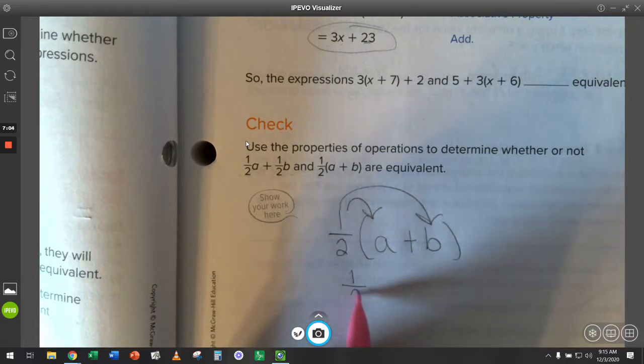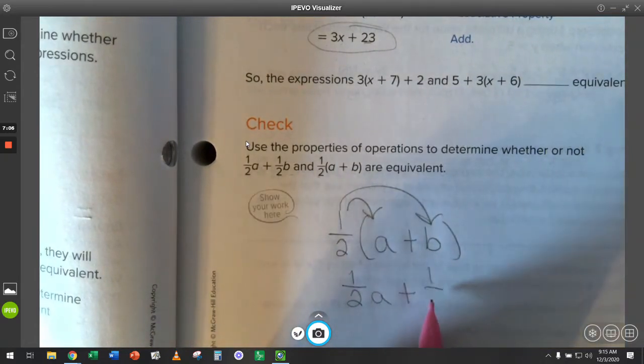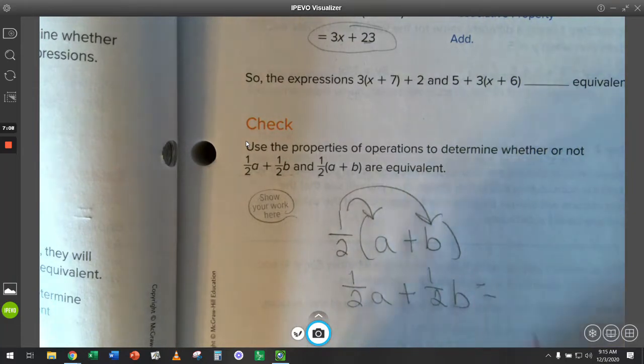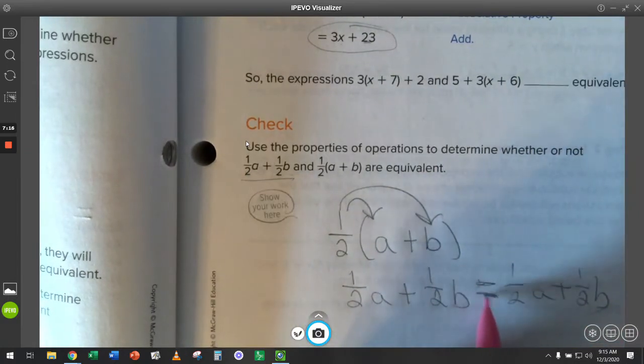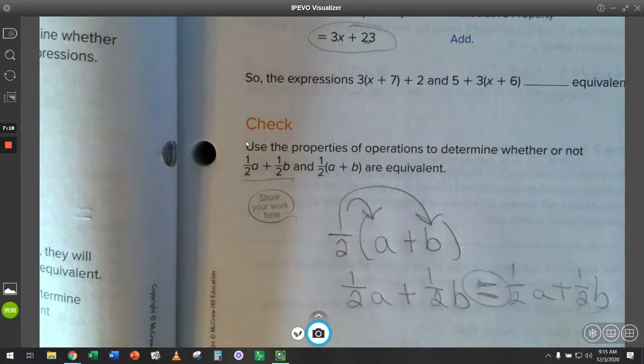So then you'd end up with 1/2 a plus 1/2 b. So is this equal to 1/2 a plus 1/2 b, which was our first expression? Yes, they are equivalent. So we would find that that is an equivalent expression.